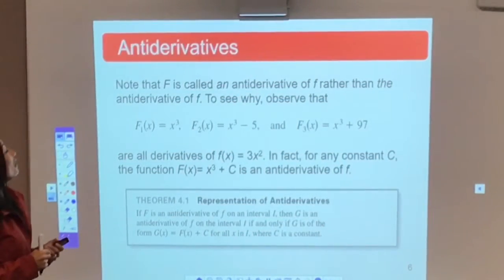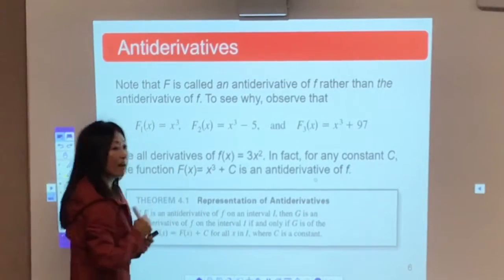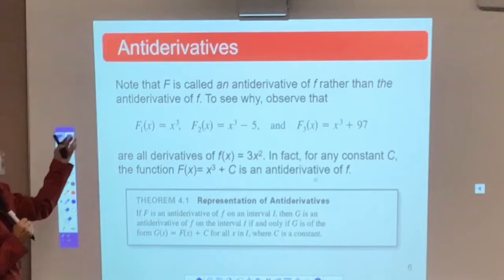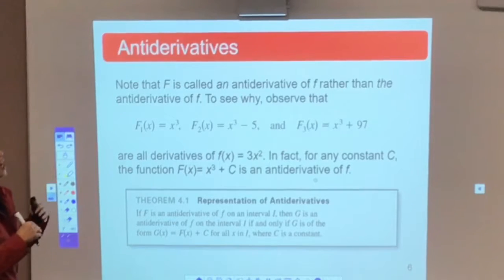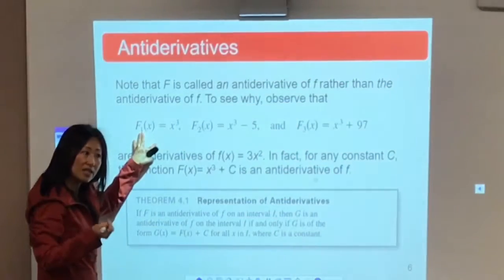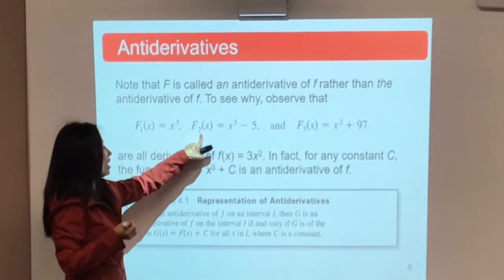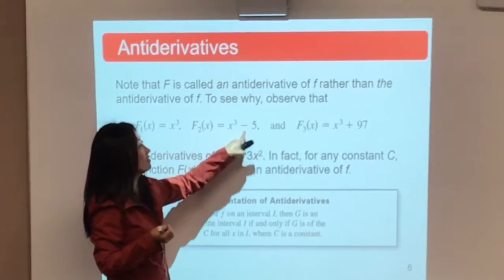Note that the big F is called an antiderivative of small f rather than the antiderivative of f. To see why, observe, I'm just giving you a particular example: F1 of x is x to the third. Another example: F2 of x is x to the third minus 5.